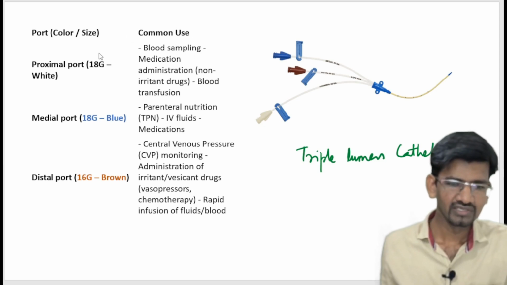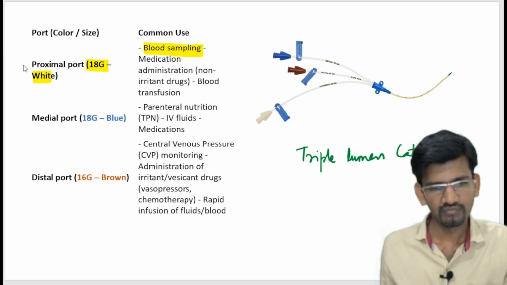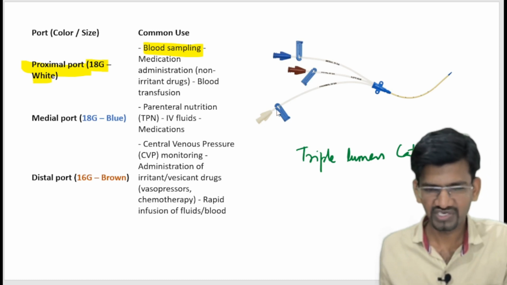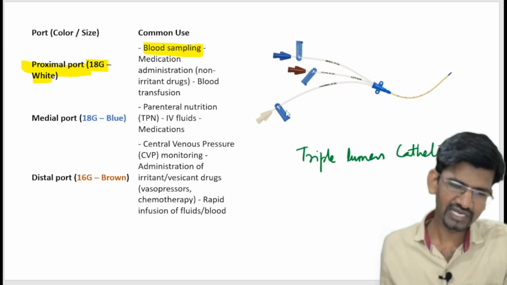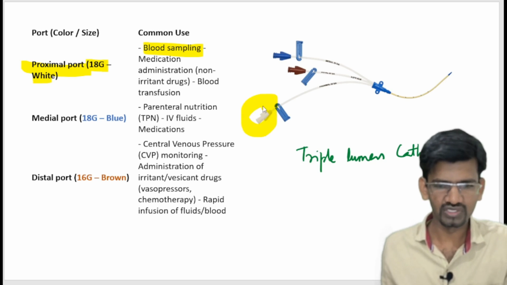White is an 18 gauge, most commonly used for blood sampling. This is called the proximal port. It is also used for blood transfusions and for administration of non-irritant medications.